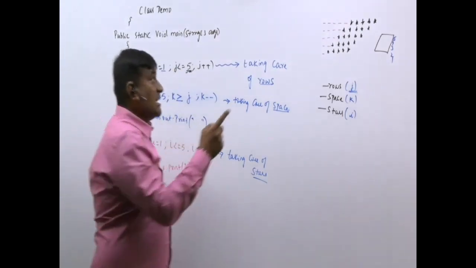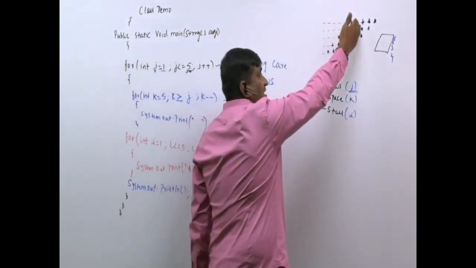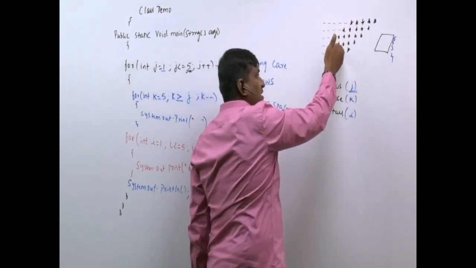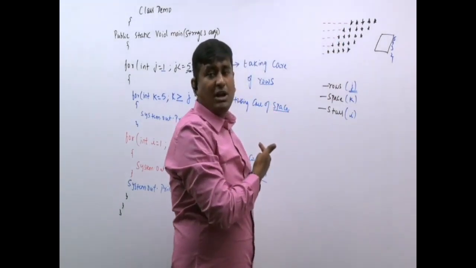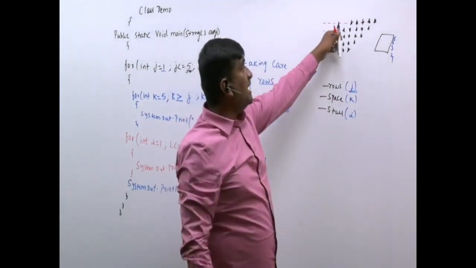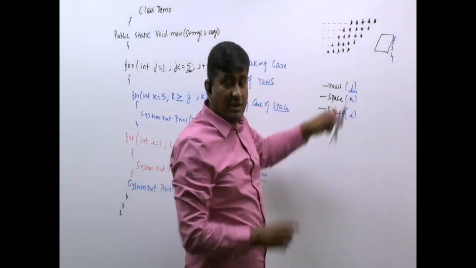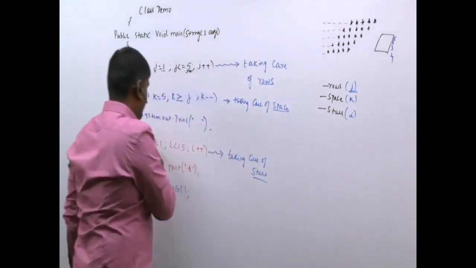Just in case, even if stars are changing, maybe in the first line 5 stars, next 4 stars, next 3 stars, next 2 stars, 1 star, then the same rule, whatever I have told, you should apply. What is that rule? Whenever it is changing, count how many members are there in that line. So if you are taking care of stars, count how many stars are there in the first line. That you write here.